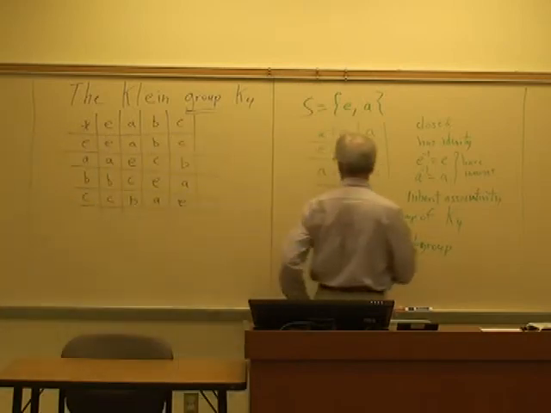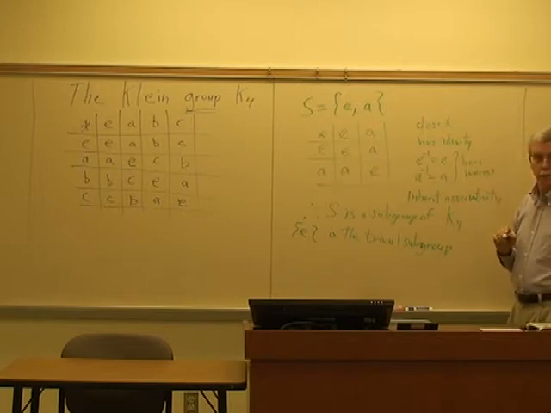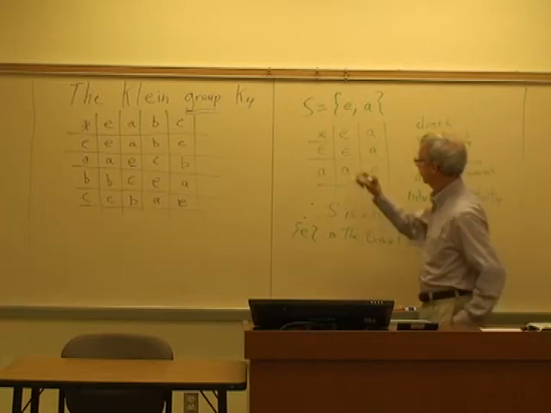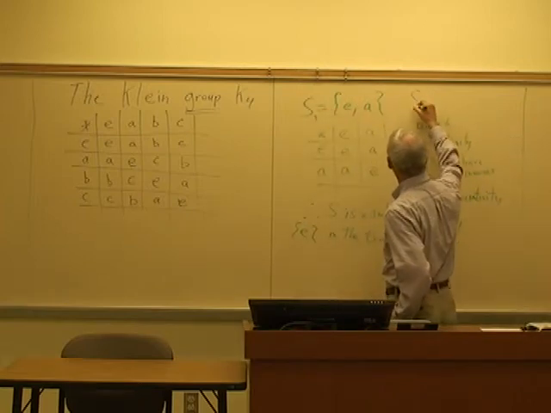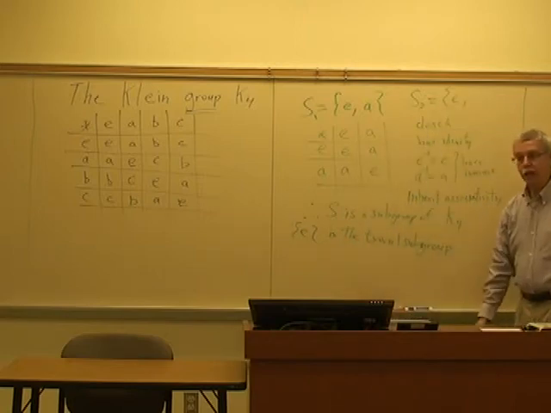Can you think of another one that's obvious by this construction? What would be another subgroup? It has to have the identity. It can't be A, so what else?